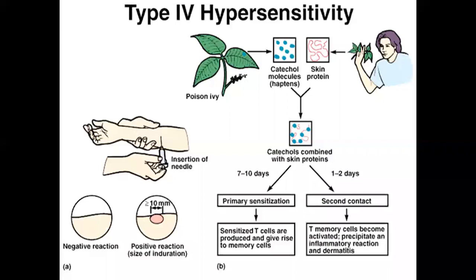So it is going to first attach to an albumin or globulin molecule, and it becomes big enough to be recognized by our immune system. So a hapten is an antigen which is a small molecular weight molecule, and it is going to produce symptoms when it is attached to a bigger molecule.